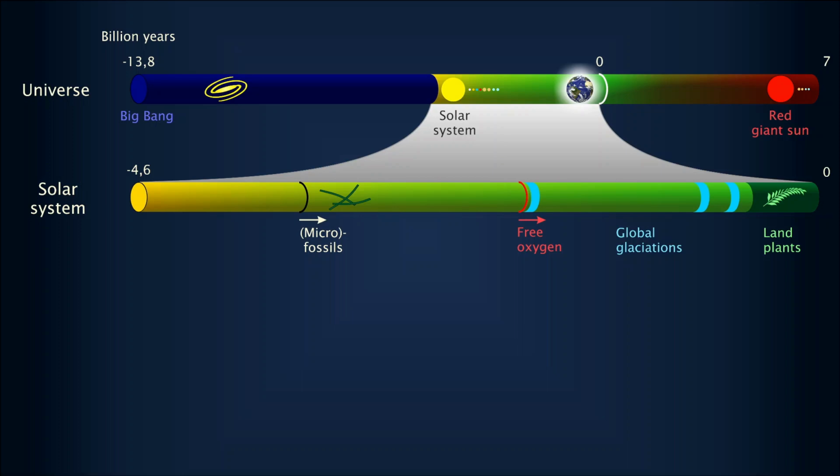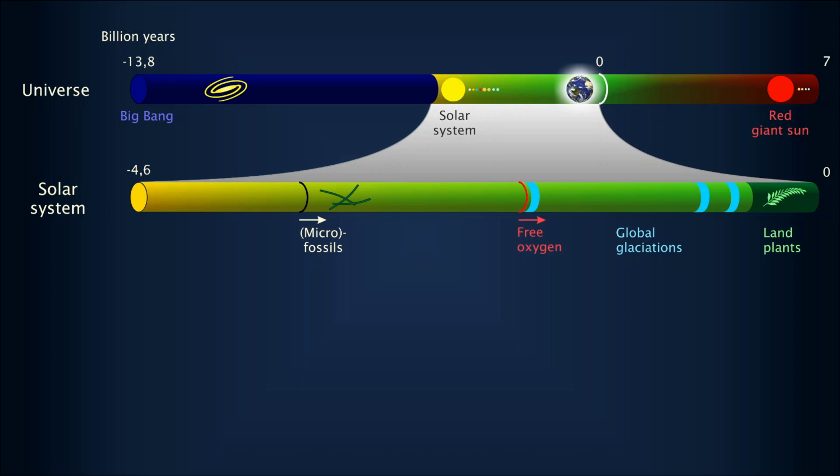Let's focus on the history of our solar system and of our planet Earth, which both came into existence 4.6 billion years ago. And one question you might ask is, when did life emerge? When did the first living organisms emerge on our planet? And surprisingly, at least surprisingly for me, this was pretty early in the history of our planet.